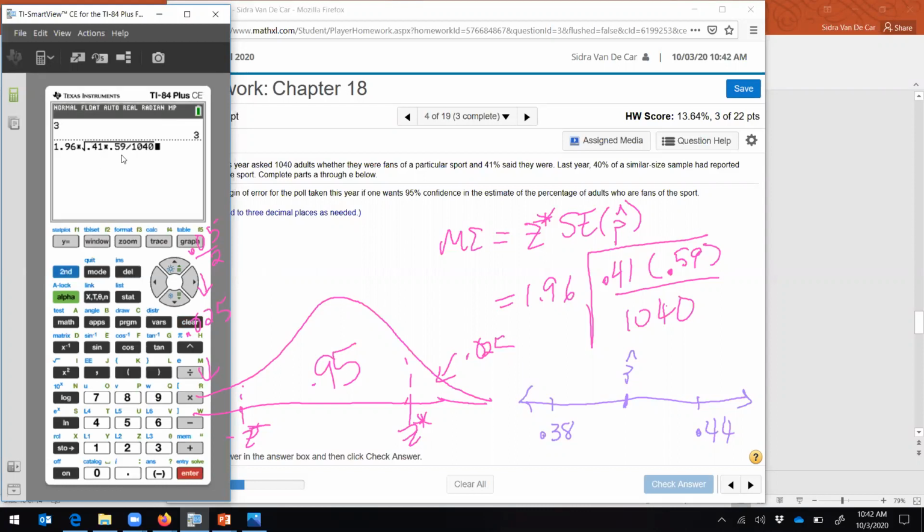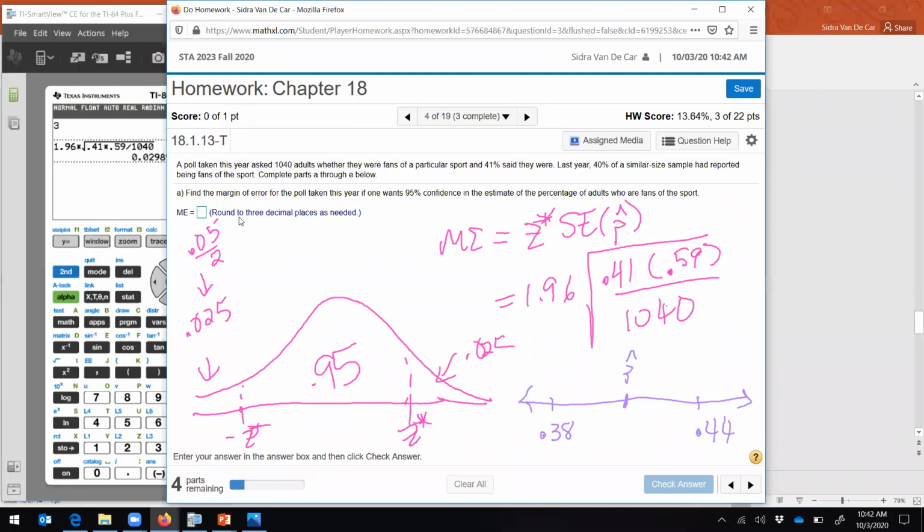This was where we calculated it by hand, right? Using the formulas, and we got 0.0298, round to 3 decimal places. All right, I'm confused on this because they listed these as percentages and I don't see the percentage sign after this.